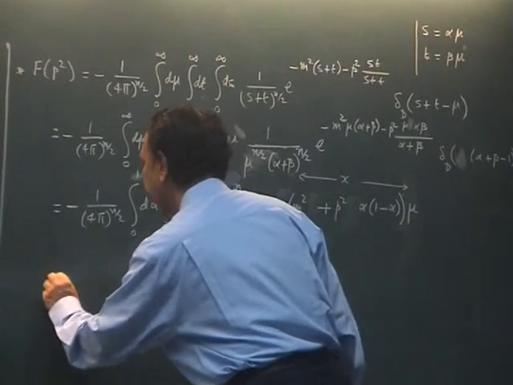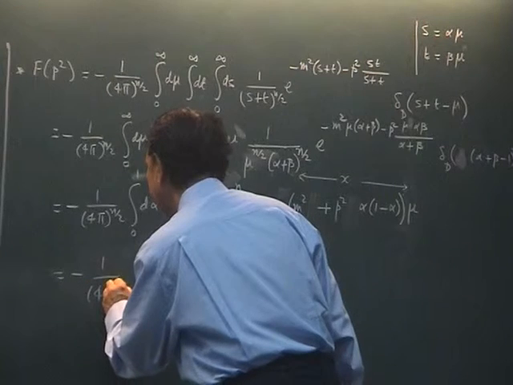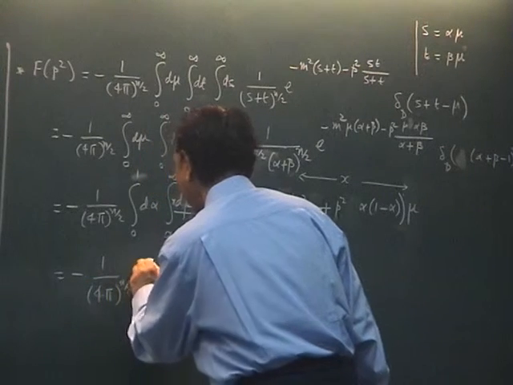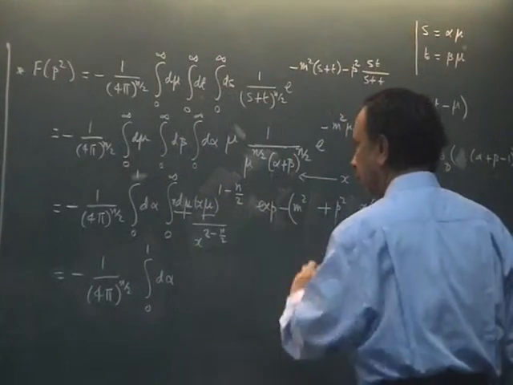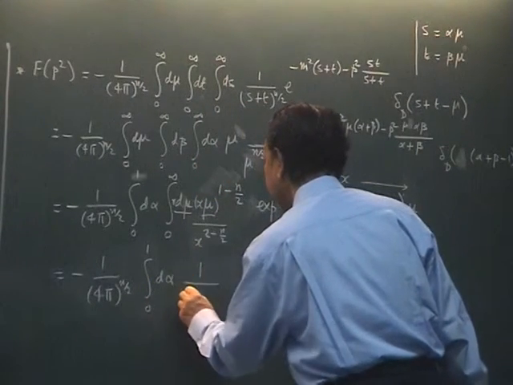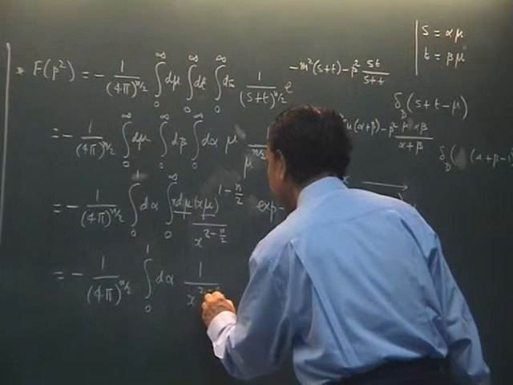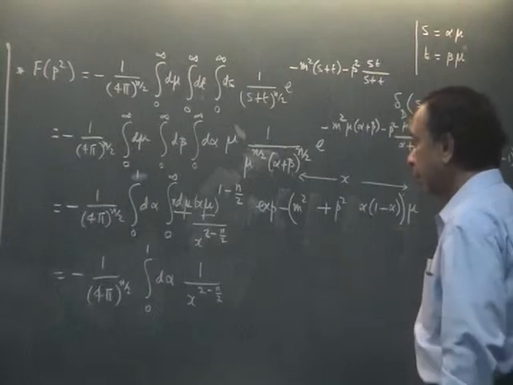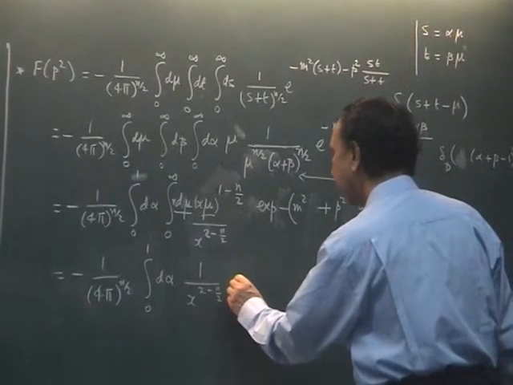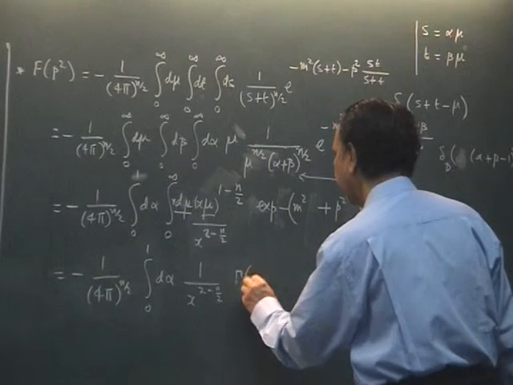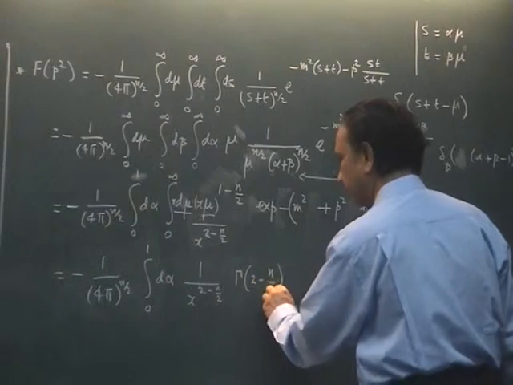Therefore, this will be equal to minus 1 upon 4 pi to the power n by 2 integral 0 to 1 d alpha. This is going to be 1 over x to the power 2 minus n by 2 times this integral is going to give me a gamma function of 2 minus n by 2.